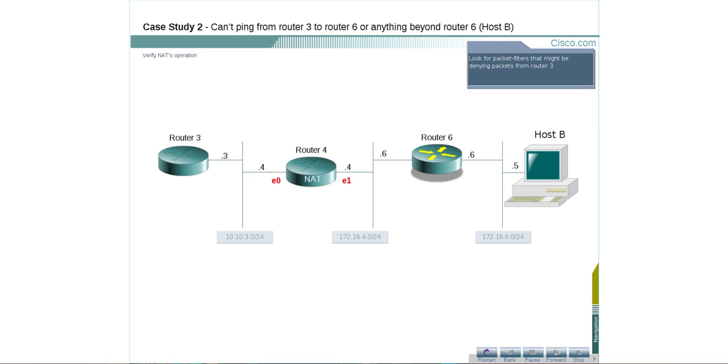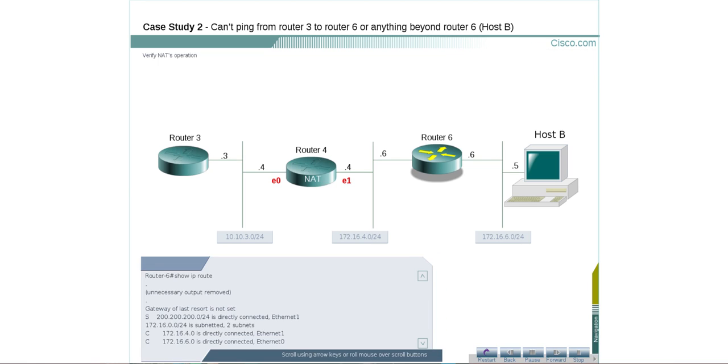Next, we should see if router 6 has a route to the source of the packets it is receiving from router 3. Remember, the packet that router 6 receives from router 3 will have a source address of 200.200.200.1 because of NAT. Here we see that router 6 does have a valid route for network 200.200.200.0. The route is a static route directly connected to the Ethernet 1 interface.